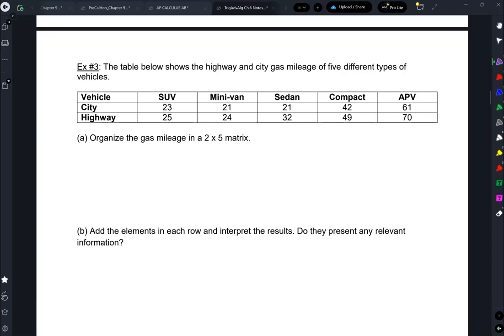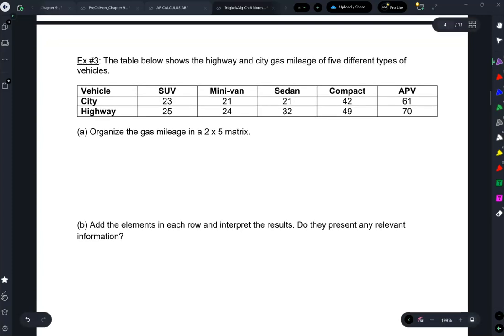So, for example, the minivan gets 21 miles per gallon in the city, 24 on the highway. Organize the gas mileage in a 2x5 matrix. When it says 2x5, it's clear. There's only one way you can do it. 2 rows, 5 columns. And in the matrix, you can only put values, no descriptions.